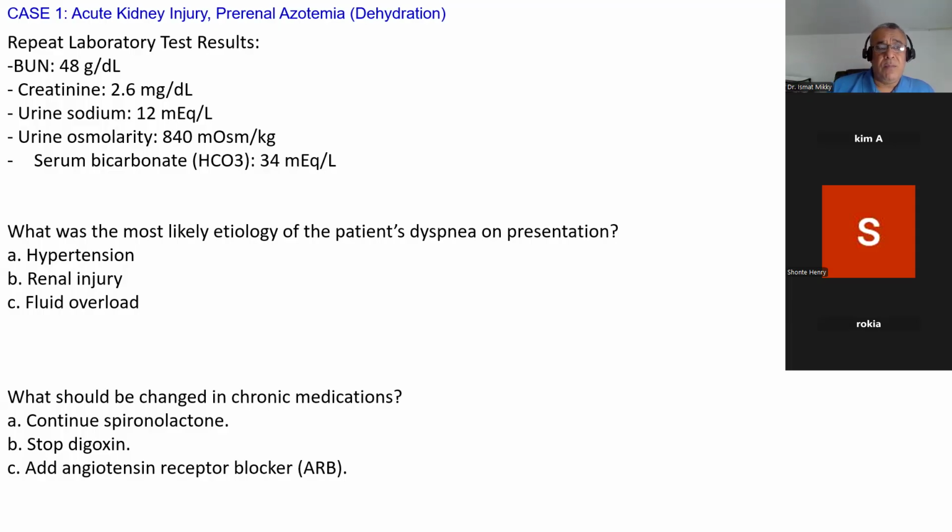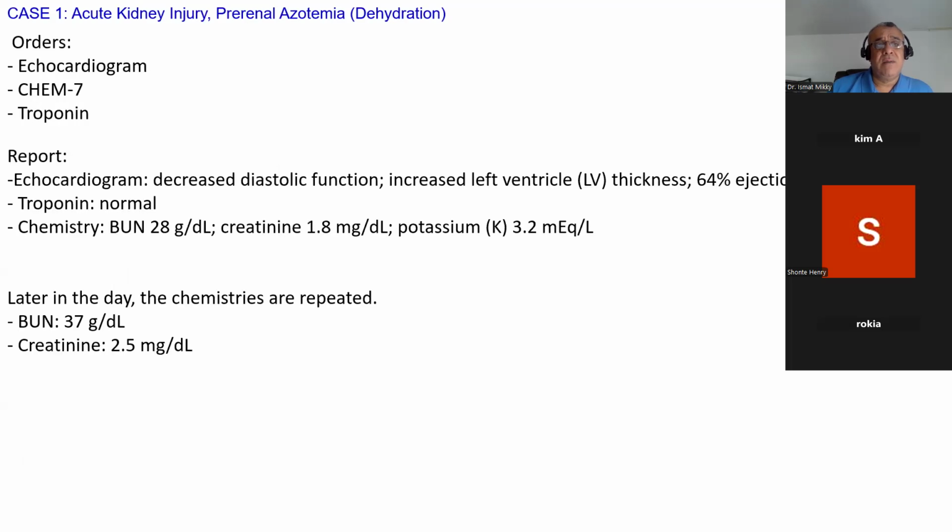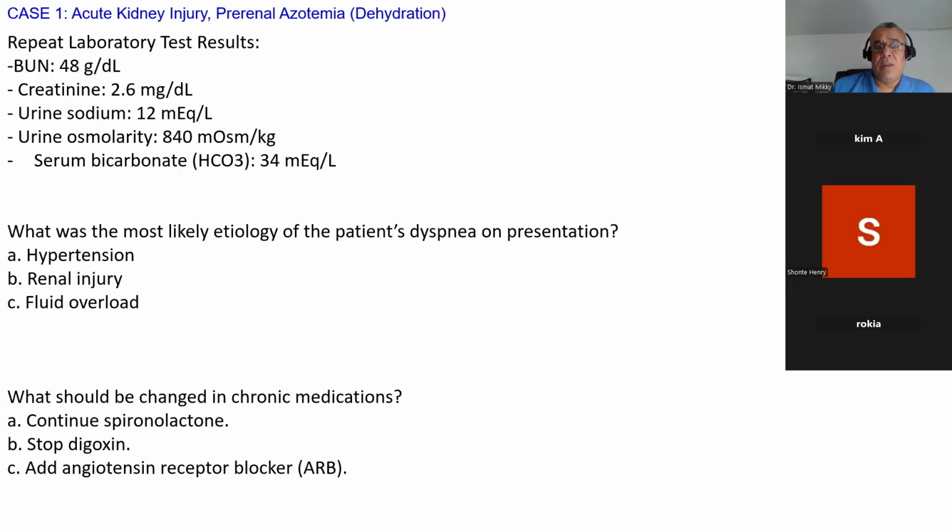I think we have the numbers on the previous slide, I believe. You have the BUN 37, creatinine 2.5. You have to figure out the BUN to creatinine ratio. So you look at the ratio and find that it's higher than 20 to 1.